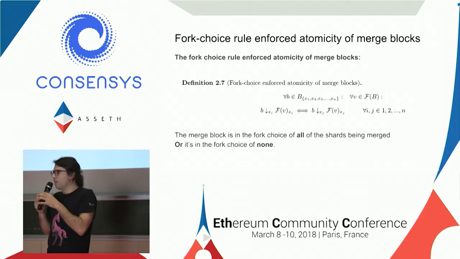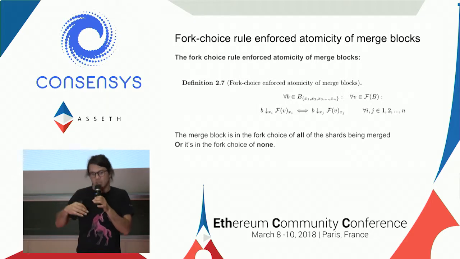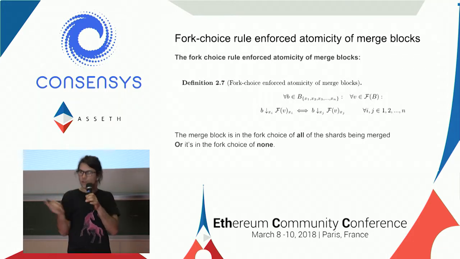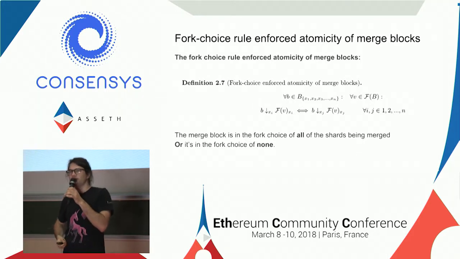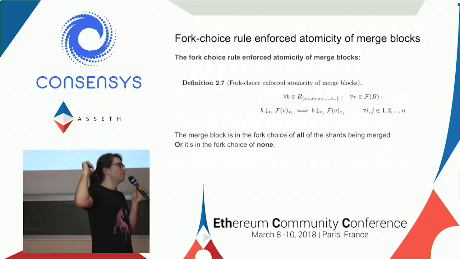But it is going to have this atomicity property, which means that whether or not it's decided, the block, which is a merge block, is going to be in the fork choice rule of all of the shards that it merges, or none of them. So somehow the fork choice rule cares about these things called merge blocks, and it makes sure that they're atomic.